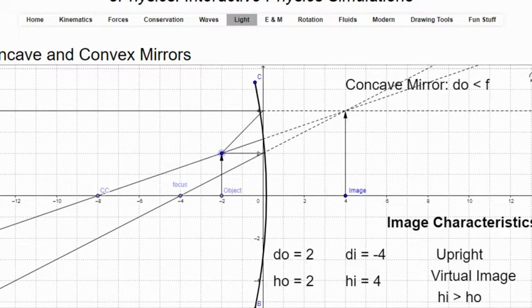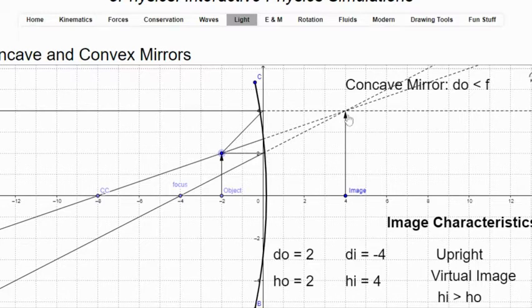Are they actually coming from a point behind the mirror? No, because light rays can't go through a mirror. So the light rays aren't actually coming from here. They're coming from here. But because of the way they reflect off the mirror, and because those reflected light rays diverge, our brain plays a trick on us.